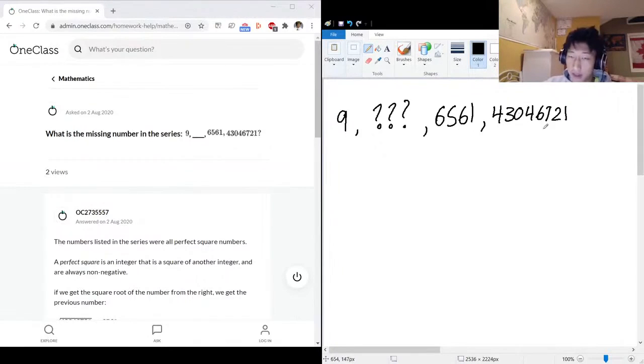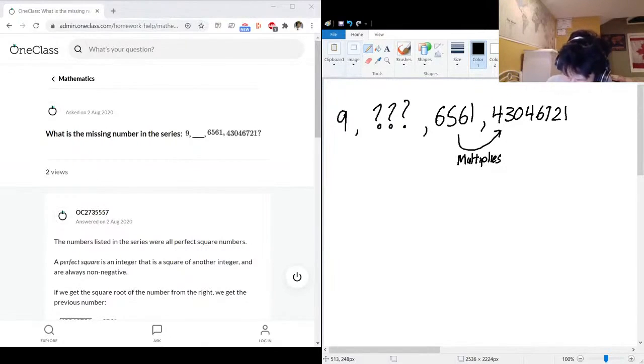So let's divide these terms. We're looking for what multiplies 6,561 to get to 43 million or so.